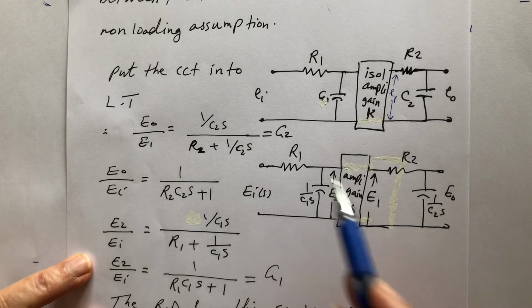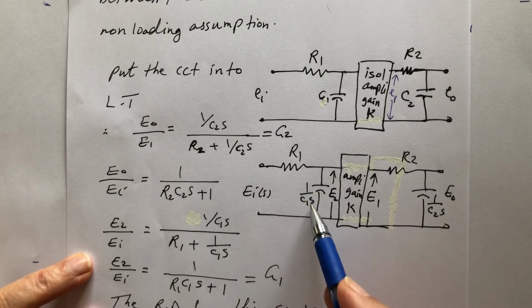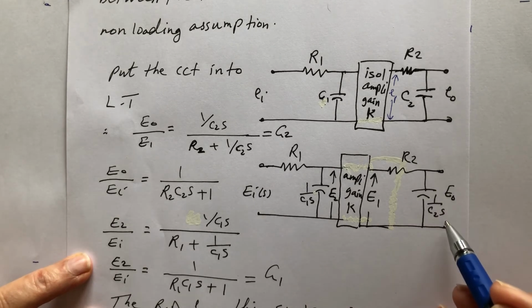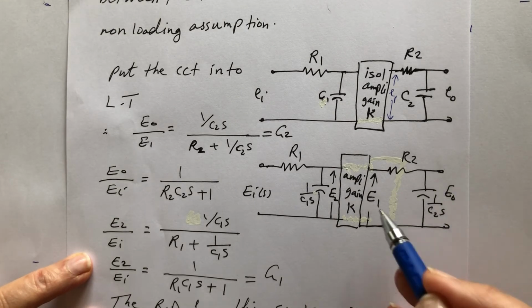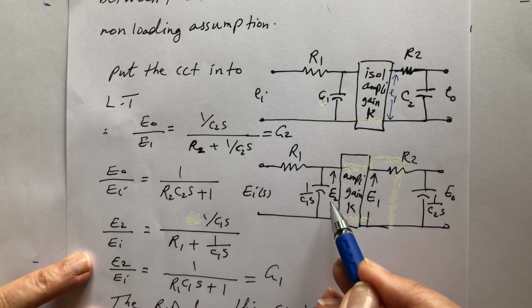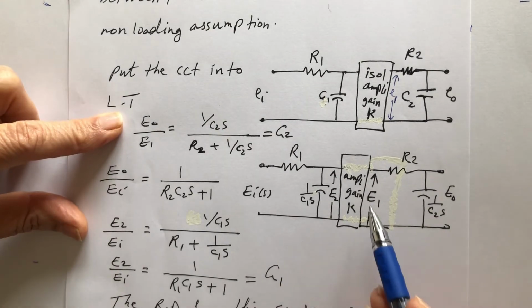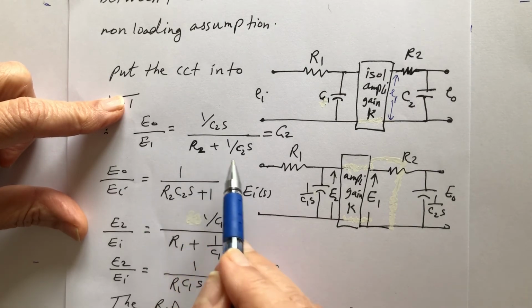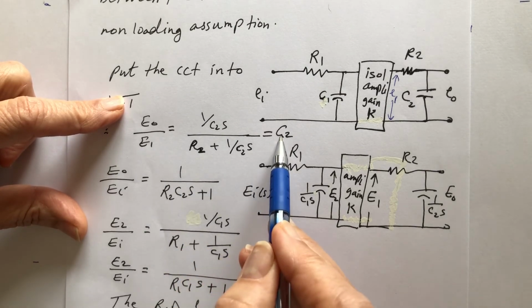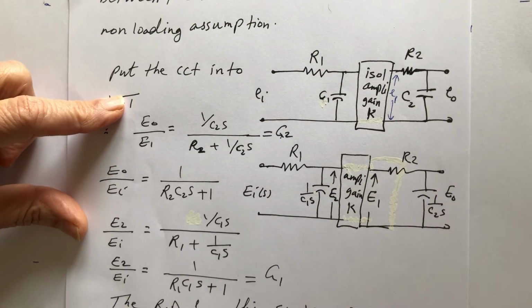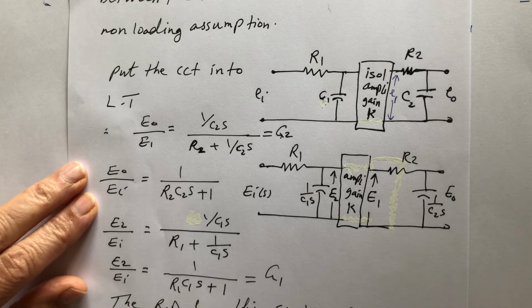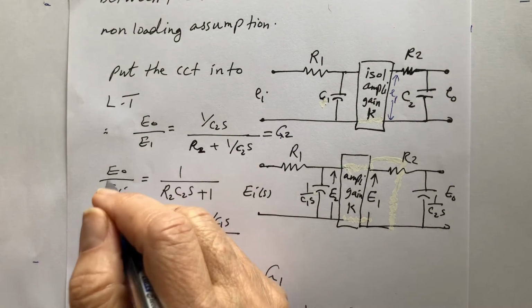So this will be R1, this will be 1 over C1S, and this will be R2, this will be 1 over C2S. Let's call this E out, let's call this E1, let's call this E2. So if we want E out over E1, it will be 1 over C2S over R2 plus 1 over C2S, and this equals G2.